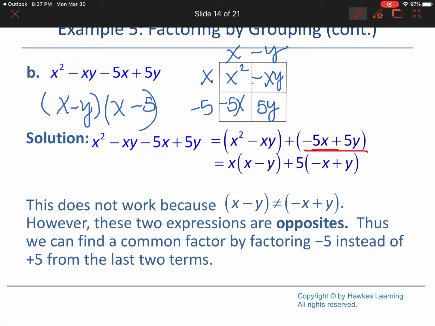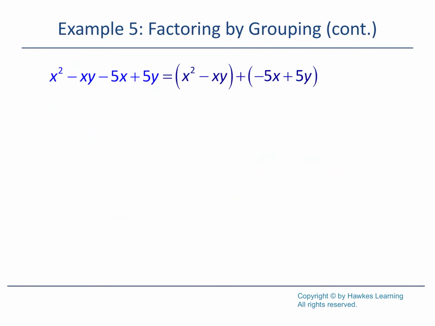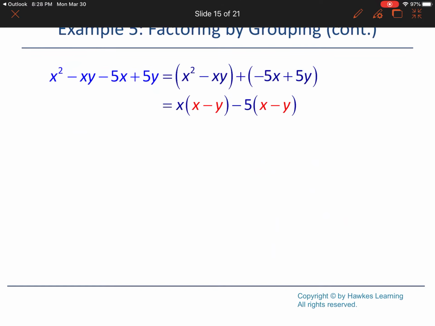When we're looking for the greatest common factor here, and we factor out a 5, then what you end up with in here is not equal to this, right? But had we factored out a -5 and made this first term positive, like this one is positive, since we're trying to match them, right? When we factor out a -5, then it does work out, right? So here's where if we factor out the -5, we do end up with the two the same. So yes, we can finish factoring, and that was success.